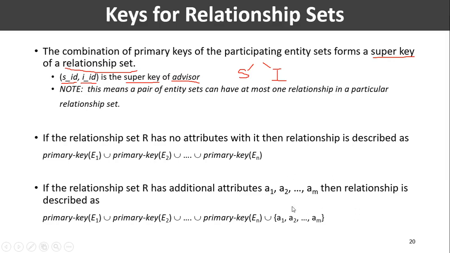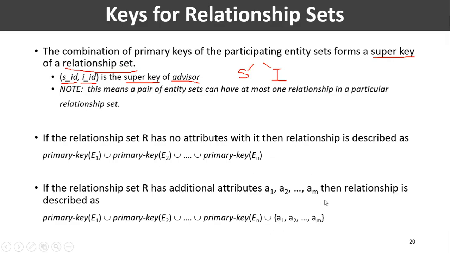If I have any such attributes associated with the relationship, then that relationship is represented by this expression: the union of all the primary keys of participating entity sets along with the attributes of that relationship set's own attributes. So this is how we are describing the relationship set, right?